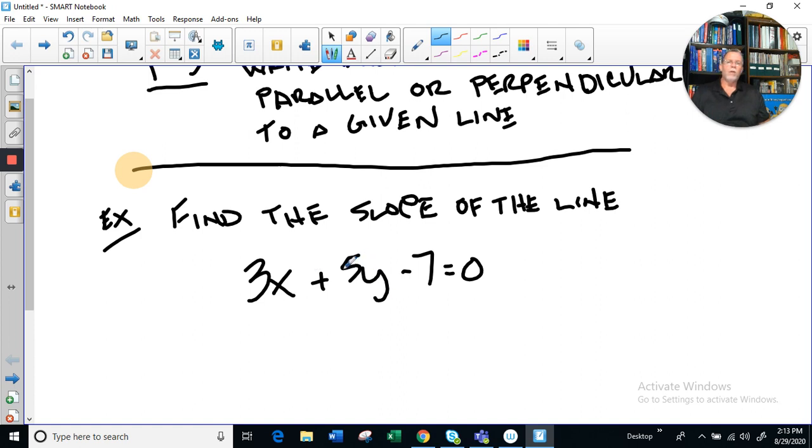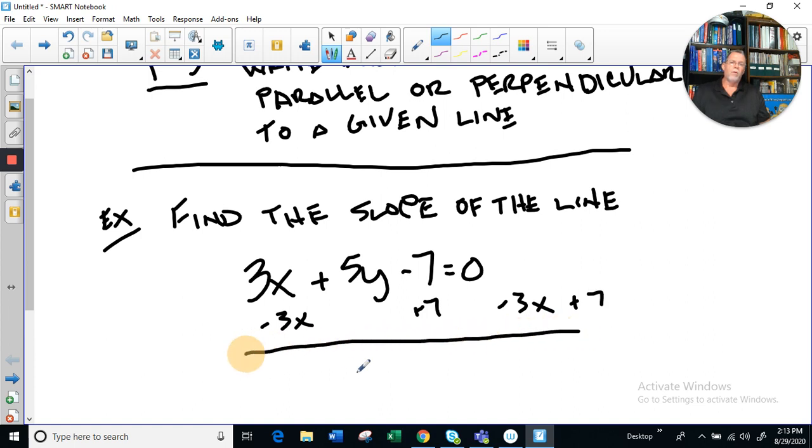So if I want to get it into slope-intercept form, that's y equals mx plus b, I need y by itself. So I'd have to move everything else to the other side. I'd have to subtract 3x and add 7 to both sides, right? And when I do that, I would get 5y equals negative 3x plus 7.